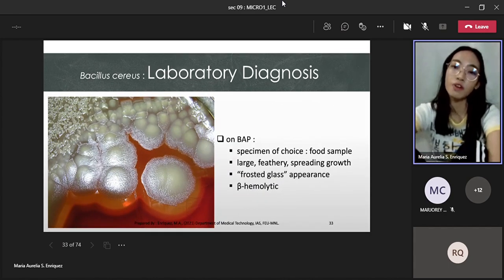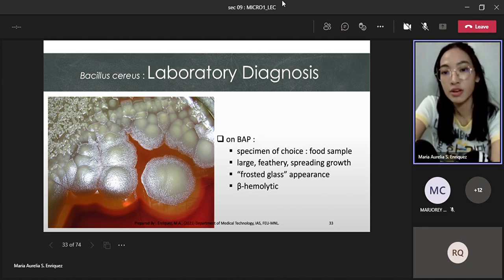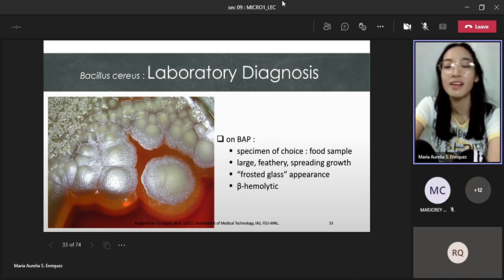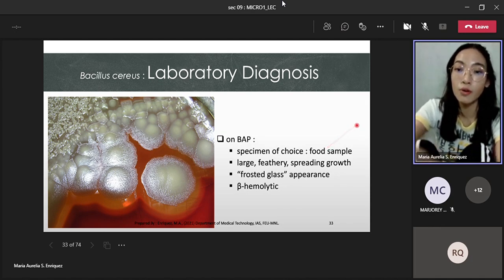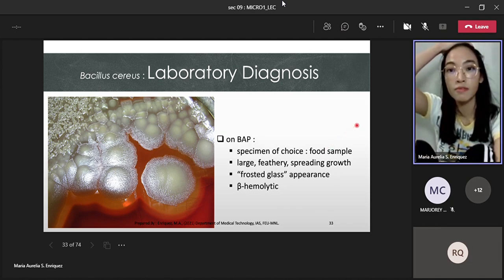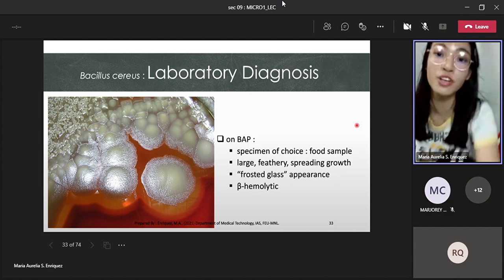And so the culture of suspected food items from a food poisoning incident may be done to isolate and quantify Bacillus cereus. So dito po, ang specimen of choice natin, imbis na clinical sample from the patient, ang kukunin natin is food item from the suspected source of food poisoning.